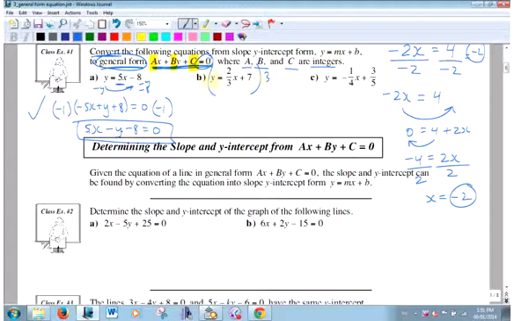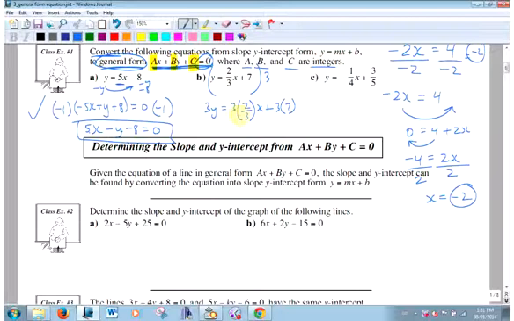Whatever you do to one side, do to the other side. So I'm going to multiply everything by 3. That's 3y is 3 times 2/3 x plus 3 times 7. Okay? Did I do it to both sides of the equation? Yes, I multiplied both sides by 3. What happens with these 3's?